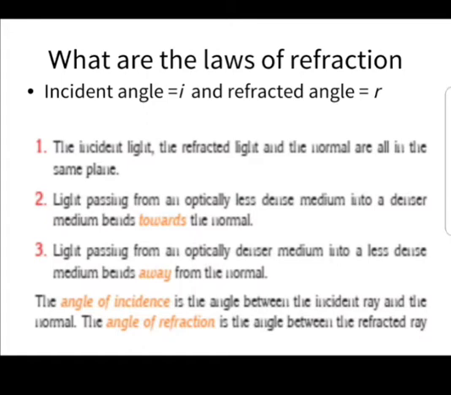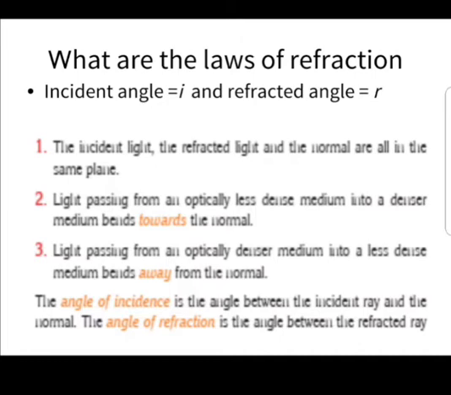Laws of refraction. First, we need to know that we have angles: the angle of incidence, the angle between the normal and the incident ray, and the angle of refraction, the angle between the normal and the refracted ray. The incident light, the refracted light, and the normal are all in the same plane.